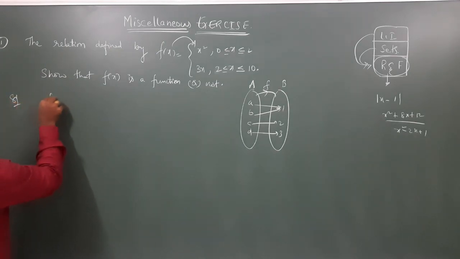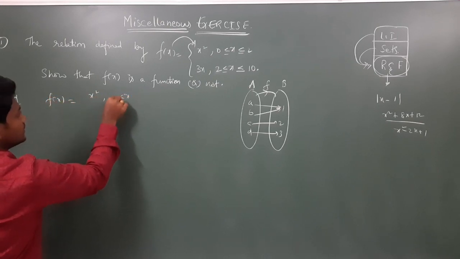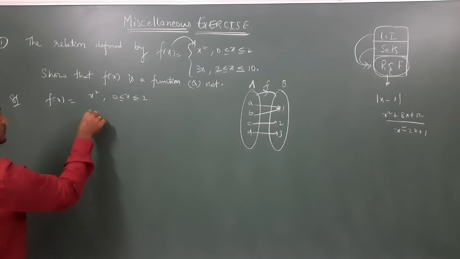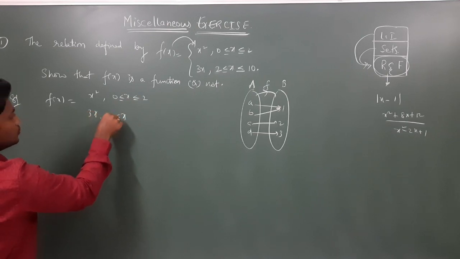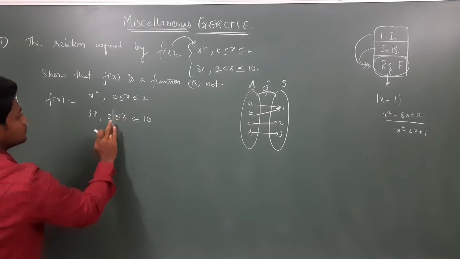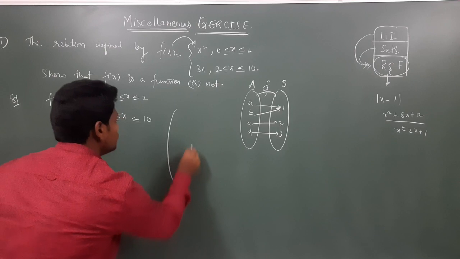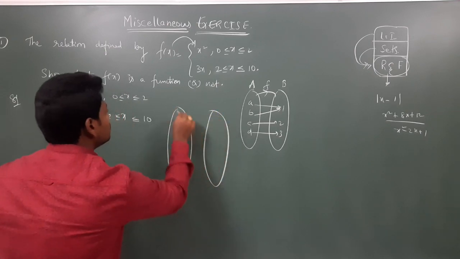See the solution. Given f of x equal to x square when x is greater than or equal to 0 and less than or equal to 2, and 3x when x is greater than or equal to 2 and less than or equal to 10. Now, see here what the domain values are and what the codomain values are.